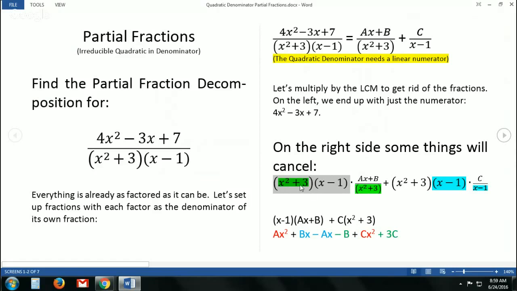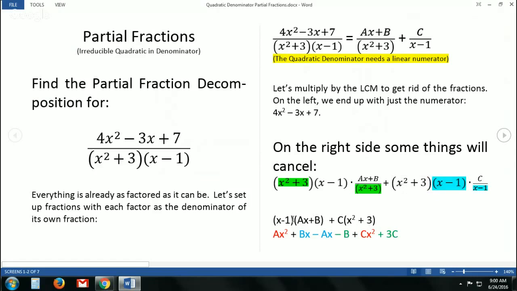I've got them highlighted in green so that you can see that they match. That leaves me an x minus 1 that I should multiply with ax plus b. On the back, when we multiply by our common multiple, notice that the x minus 1's match up. They're highlighted in blue for you to see that they match. When they cancel out, that will leave me c times x squared plus 3 to multiply.